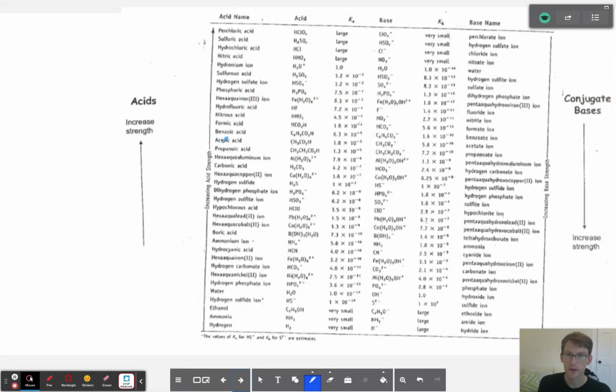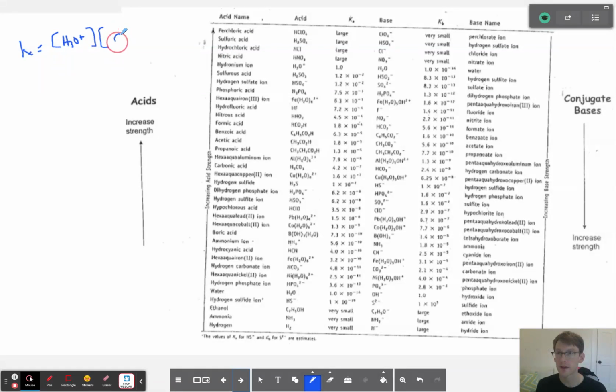Well, we have all this stuff here. Let's break it down. So perchloric acid, sulfuric acid, hydrochloric, nitric, these are strong acids. And they have a very large Ka, all right? If you look at the definition of Ka, it is equal to the concentration of the products, which is going to be H3O plus, times the conjugate base of the acid, which, let's just use perchloric acid for an example.